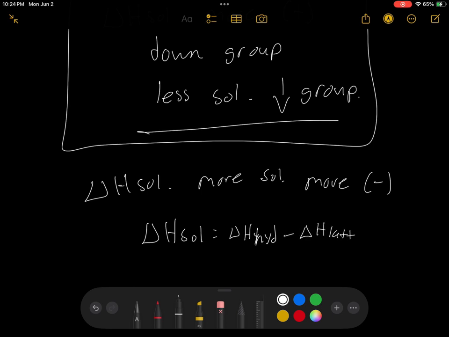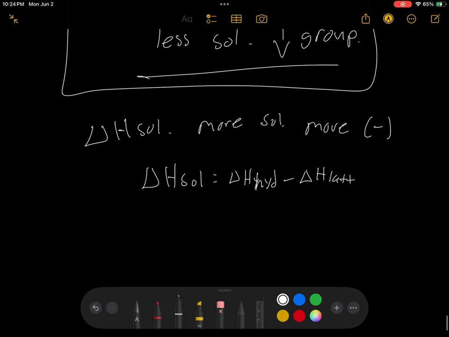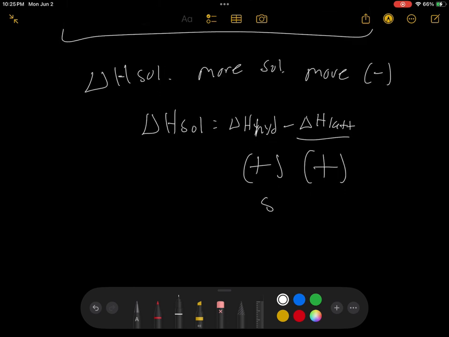So if it's becoming more negative, that means the opposite is happening. Instead of hydration increasing at a faster rate, lattice is increasing at a faster rate. So that would be going from something like 3 minus 5 to 10 minus 100, so from -2 to -90, which is the opposite of what we saw before.